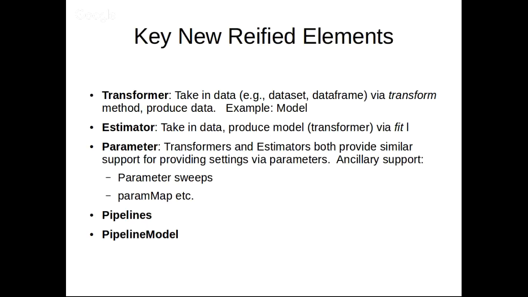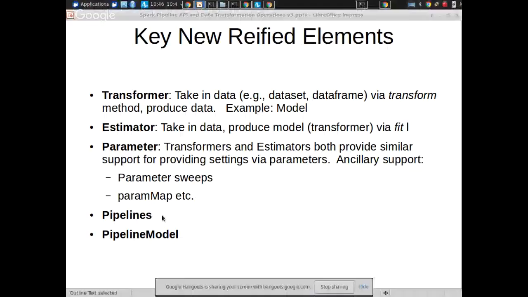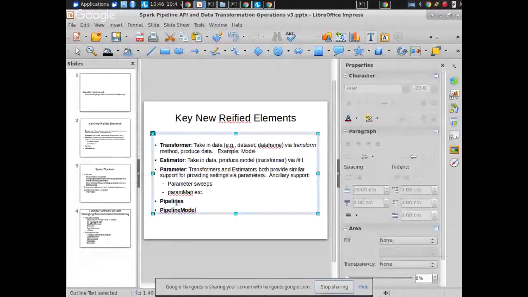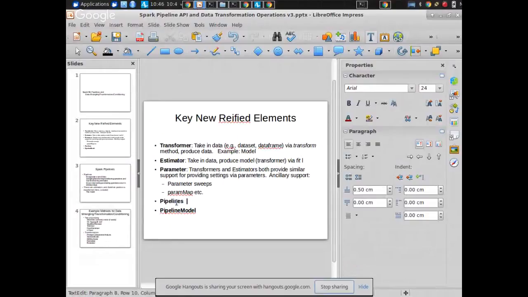So we'll ask, is a given word present or not in this text? And that will be an estimator which will be able to apply to data through the pipeline. So a pipeline is an estimator, a subtype of estimator.